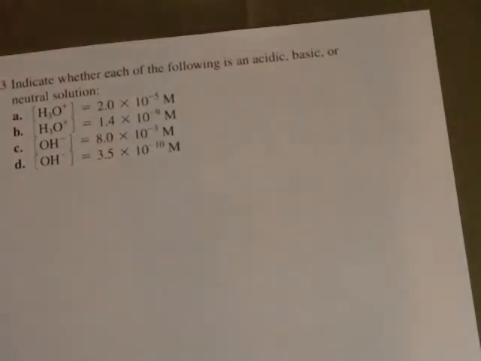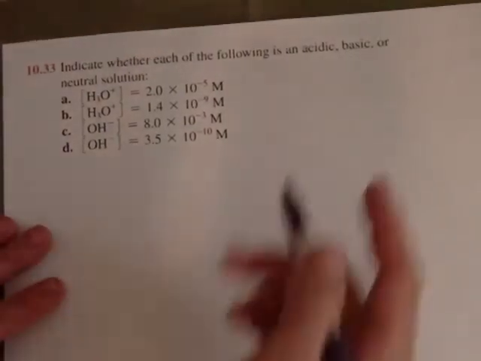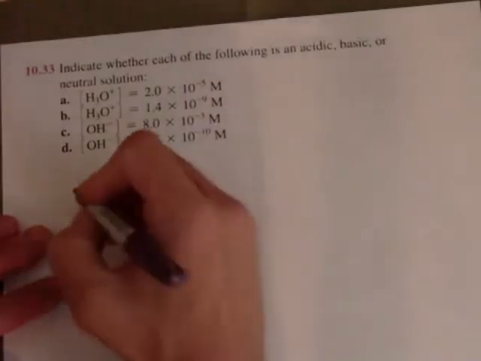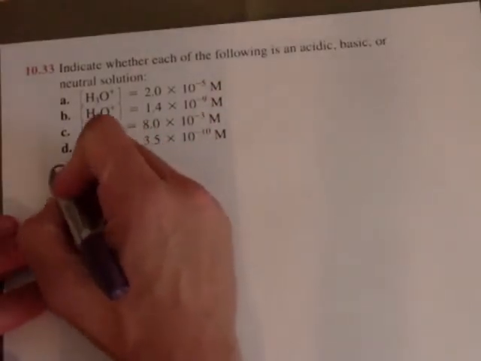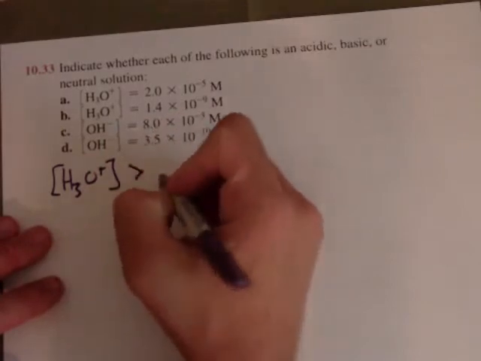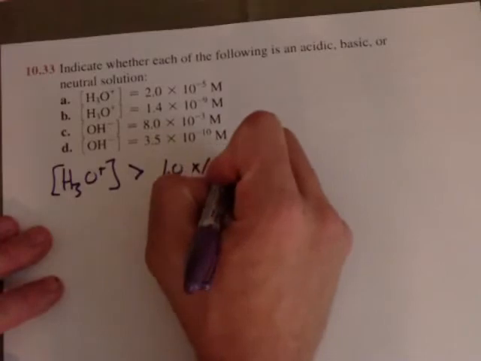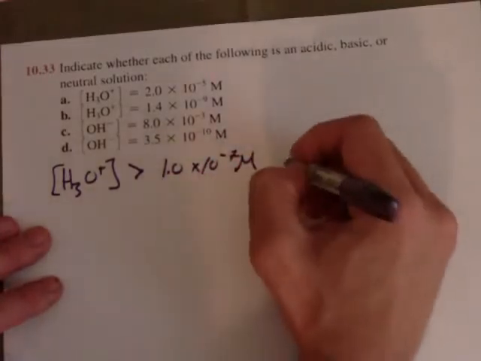And 10.33 is asking us to indicate whether each of the following is an acidic, basic, or neutral solution. What we'll look at are these conditions. If the concentration of H3O plus is greater than 1.0 times 10 to the minus 7 molar, that means it's acid.